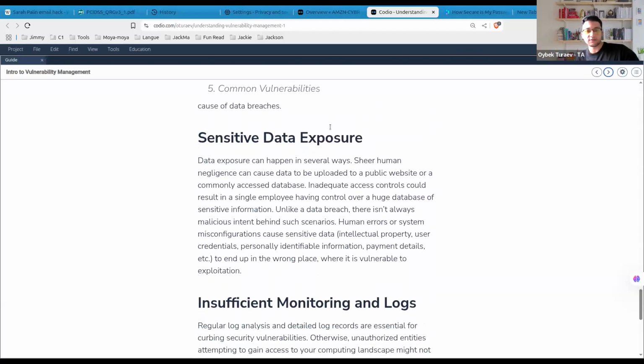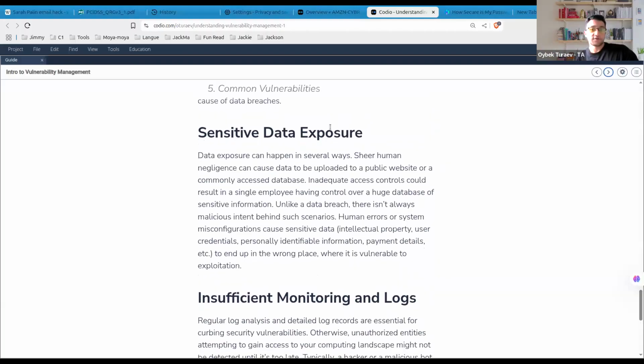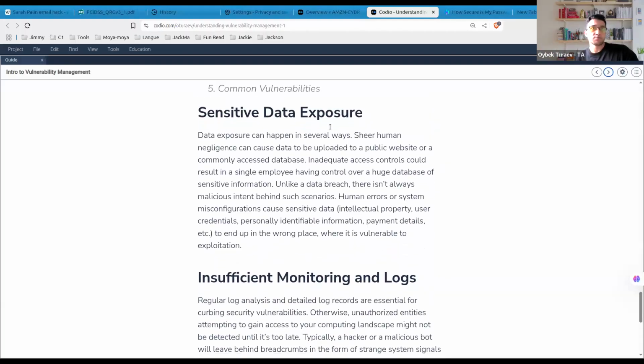And then sensitive data exposure is also very common. Sometimes we put our passwords in files. In big organizations, you can put secure information, for example bank account information, in text files.